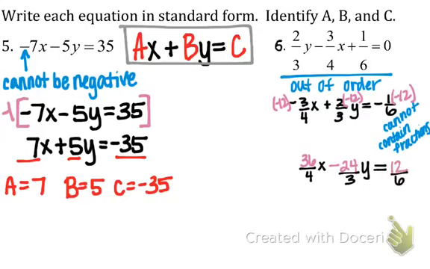And -12 times -1 over 6 gives positive 12 over 6. Now we can easily divide our denominators, and we are left with 9x minus 8y, which is equal to positive 2. So then our coefficients and our constant term: a is 9, b is -8, and c is positive 2.